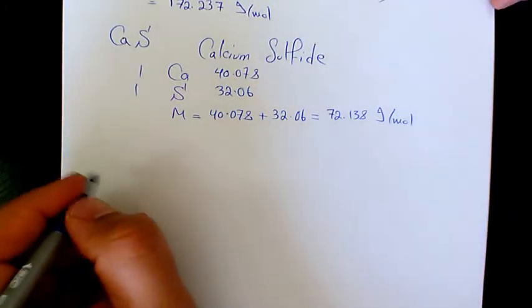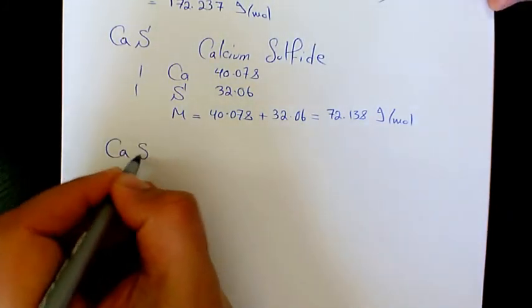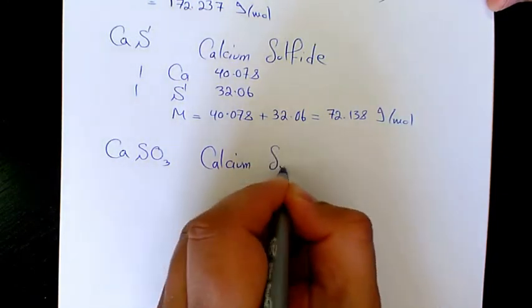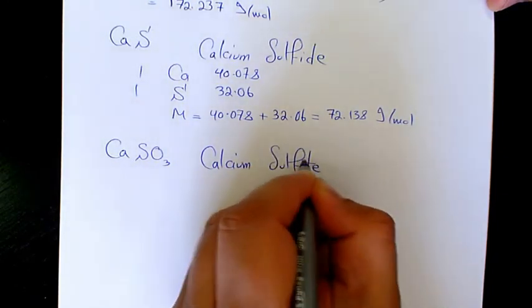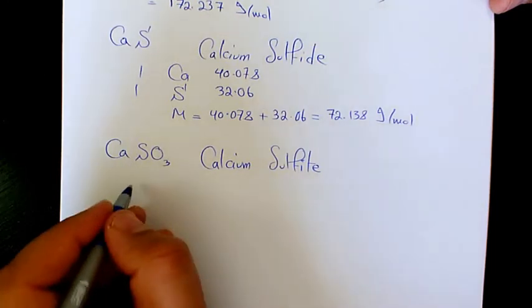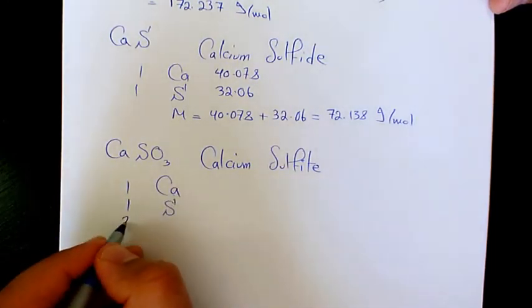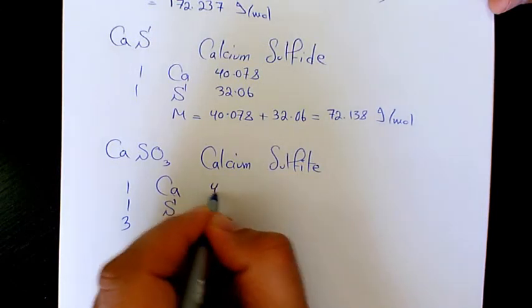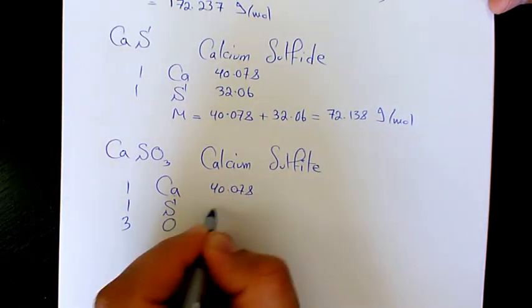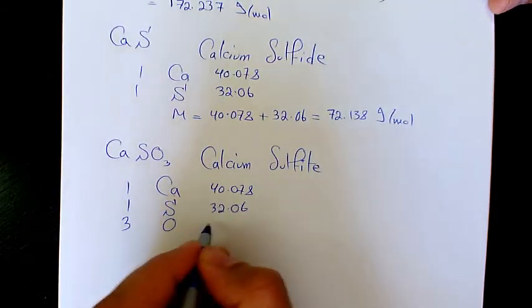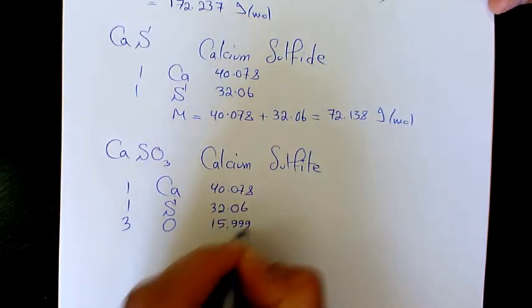Next one is CaSO3, calcium sulfite. Calcium sulfite, 1 atom of calcium, 1 atom of sulfur, and 3 atoms of oxygen. Calcium is 40.078, sulfur is 32.06, and oxygen 15.999.